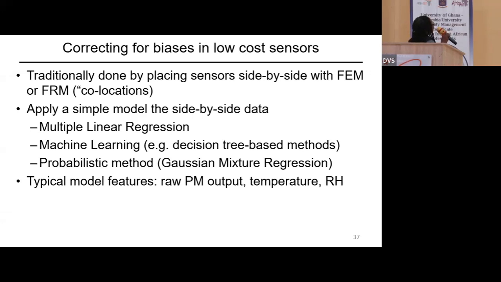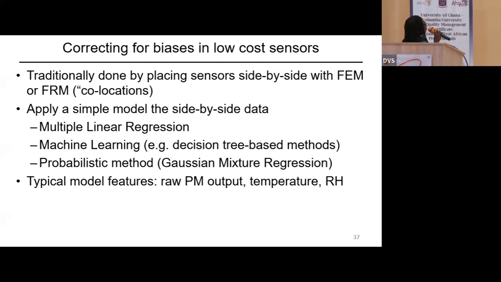And then you obtain the data at certain times, the data from the low-cost sensor and data from the reference monitor, and carry out a regression, either multilinear regression or machine learning.